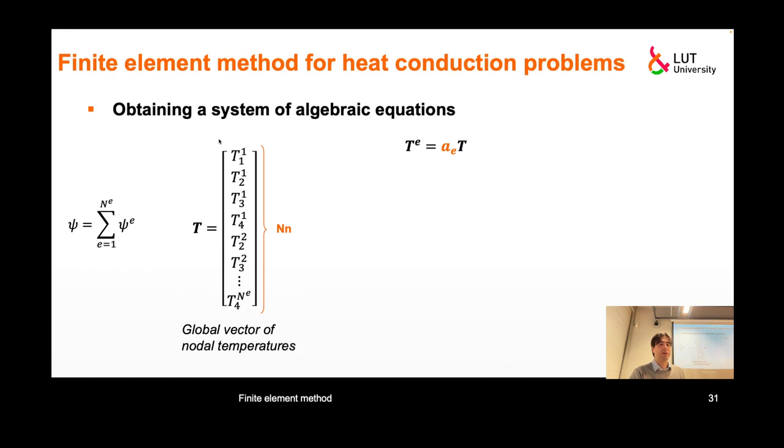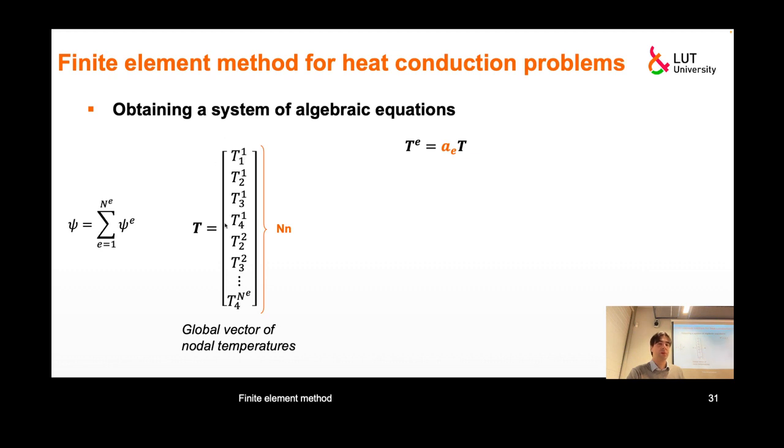So I constructed here a vector in this order, which might be a little bit different order, and I will show you what difference it makes. Here I made it first the temperature of the first node of the first element, so the subscript denotes the number of the node within the element, and the superscript denotes the number of the element.